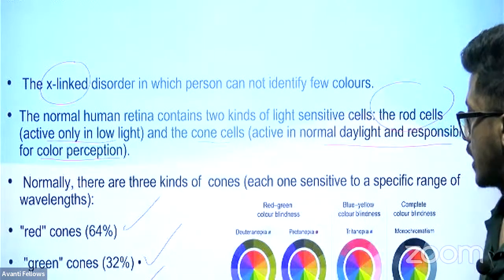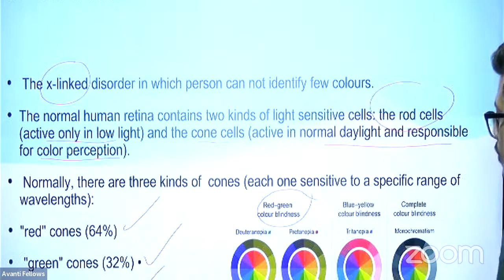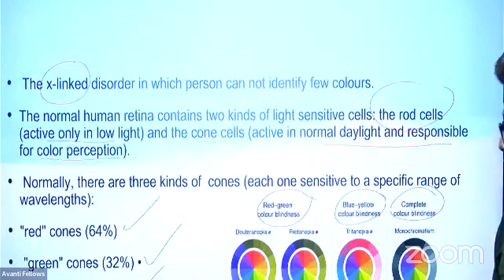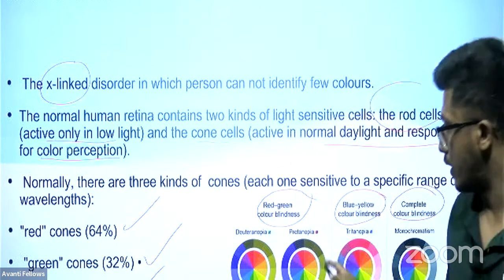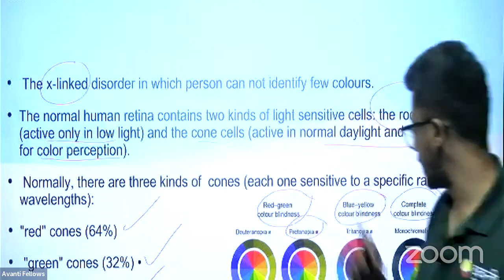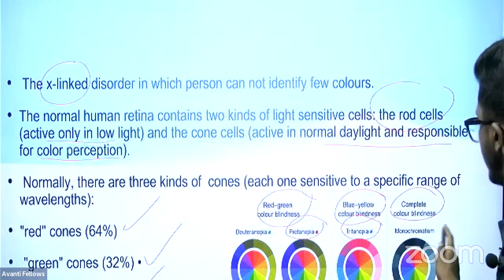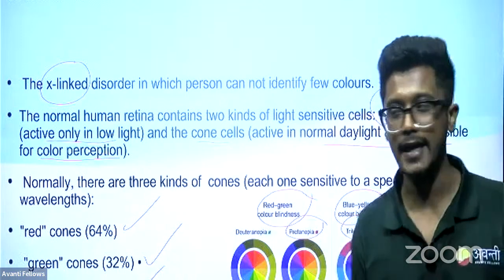Okay, guys, you can see here we have red color blindness, blue color blindness, and complete color blindness. Red color blindness is called protanopia, tritanopia is blue color blindness, and then you have monochromatism, which means you cannot differentiate any colors.